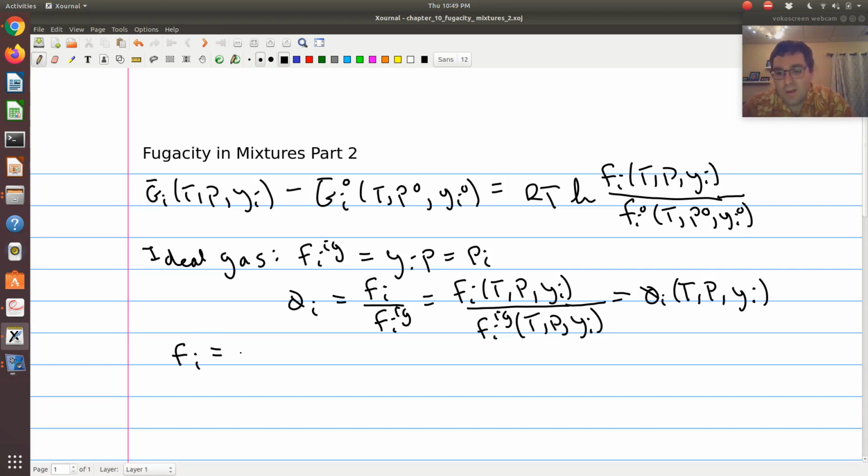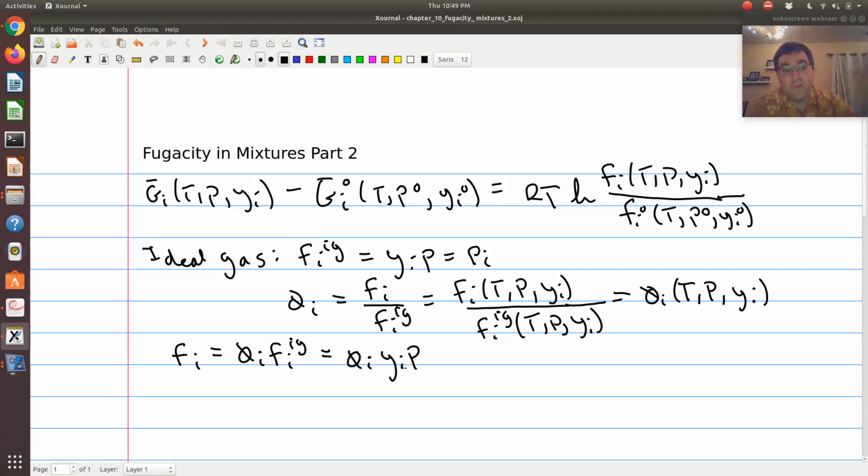I expand it out as phi times f_i ideal gas. So in general, it's a correction factor times an idealized state. So I expand out my fugacity as a correction factor times the fugacity of the corresponding ideal state, which in this case is phi times y_i times P.